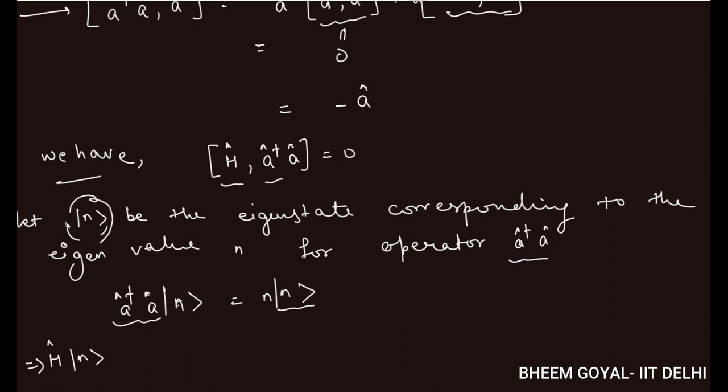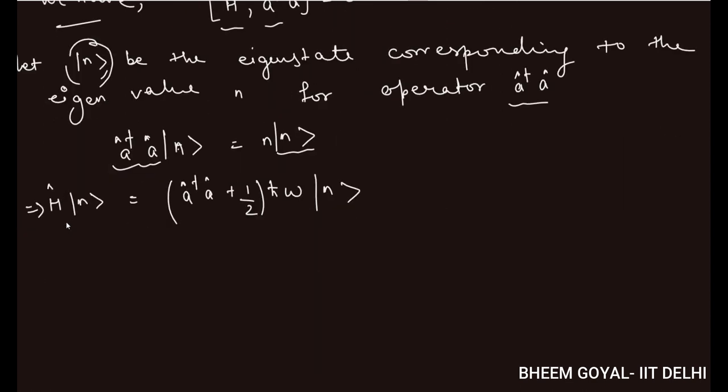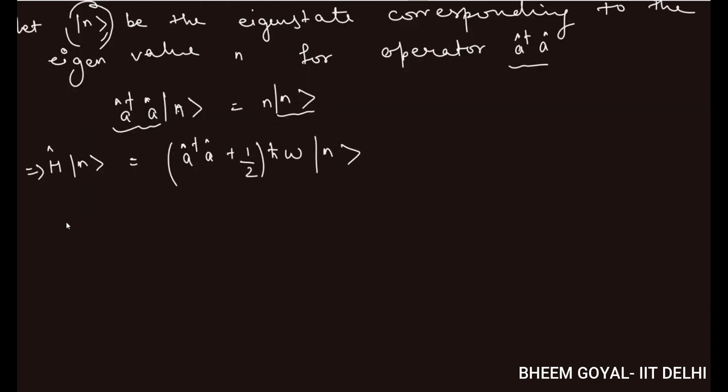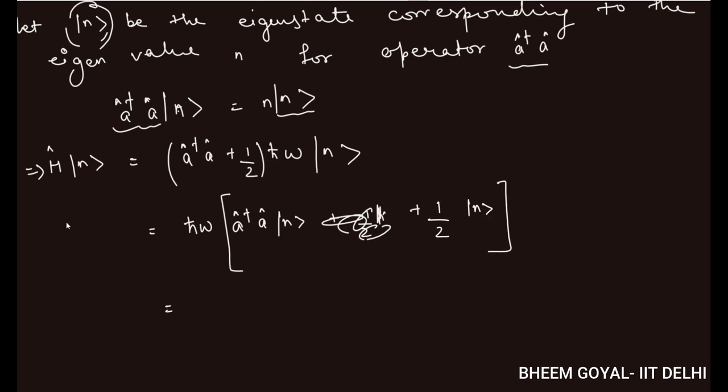Now I will write the Hamiltonian operating on ket n is equal to (A dagger A plus half) h bar omega operating on ket n. So how can I write it? I can write it as h bar omega A dagger A operating on n, plus half h bar omega operating on n.